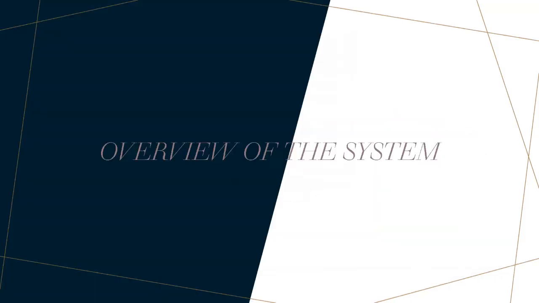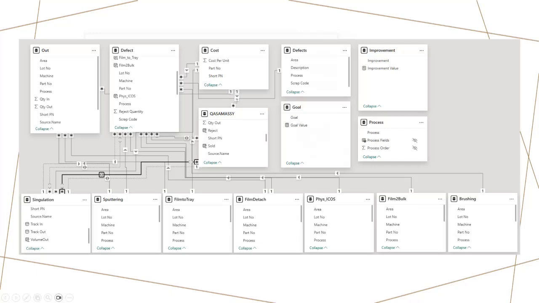So here is the overview of the system. Here is the actual model of the data where we have the data for the output, the defect, cost of every unit, defect, and then the area where it was processed, and we have this improvement value, which is an additional item wherein I can validate how much will be the savings if I improve my process by a certain percentage.